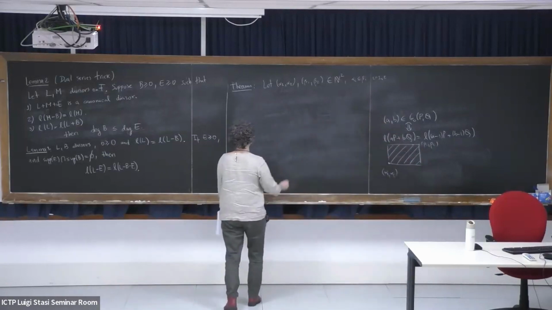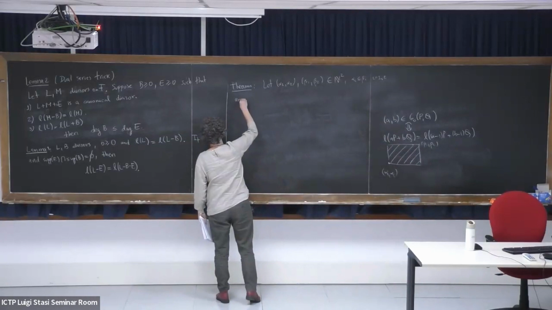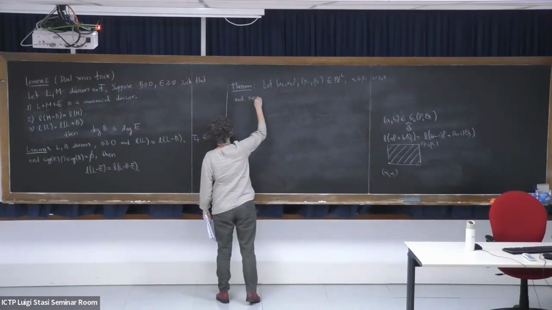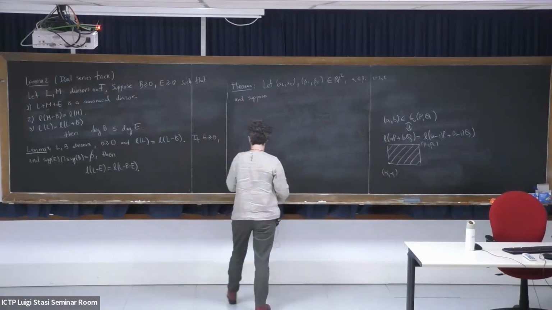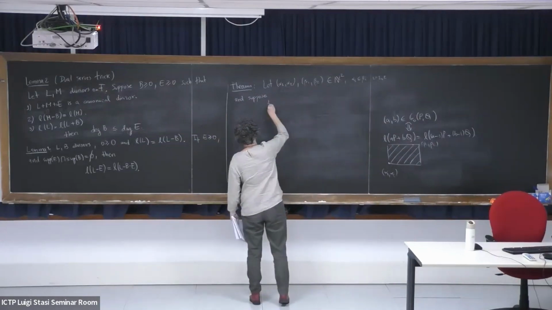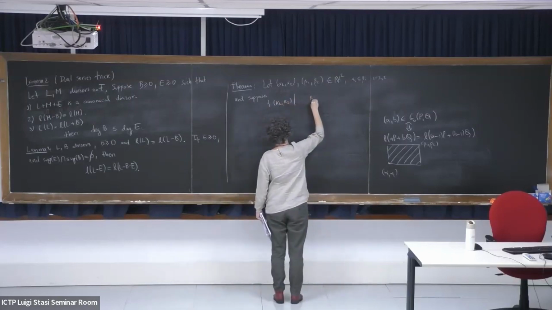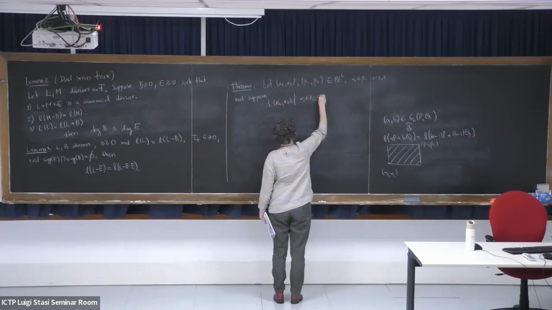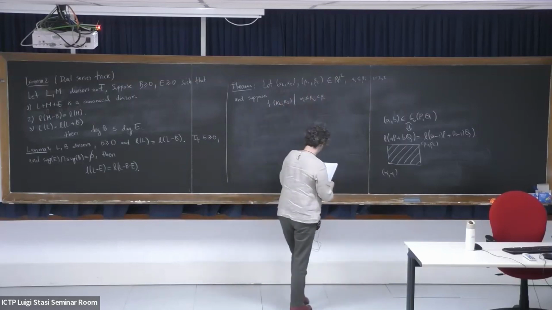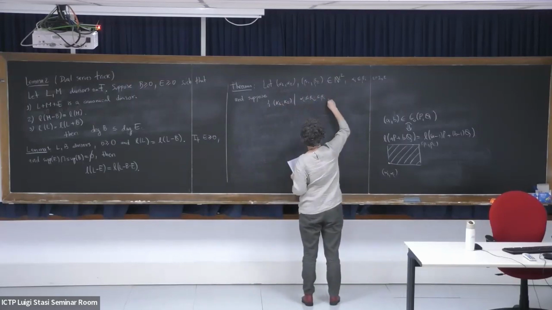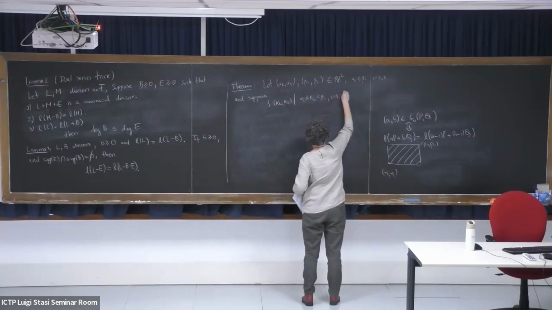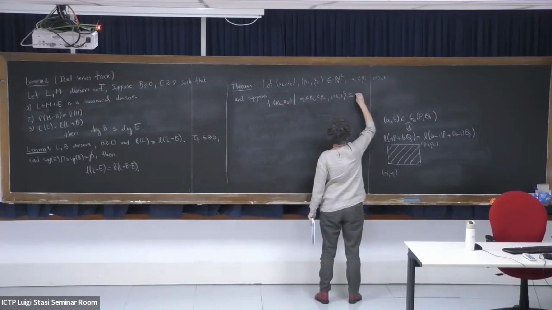So we suppose that if you look at the set of (k1, k2) for k_i between alpha i and beta i, all these pairs are pure gaps.